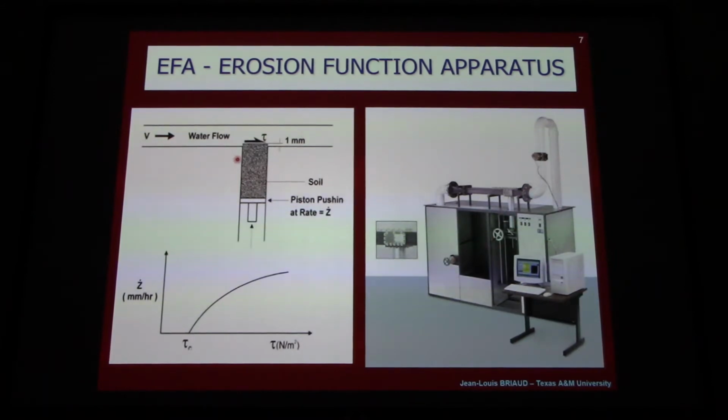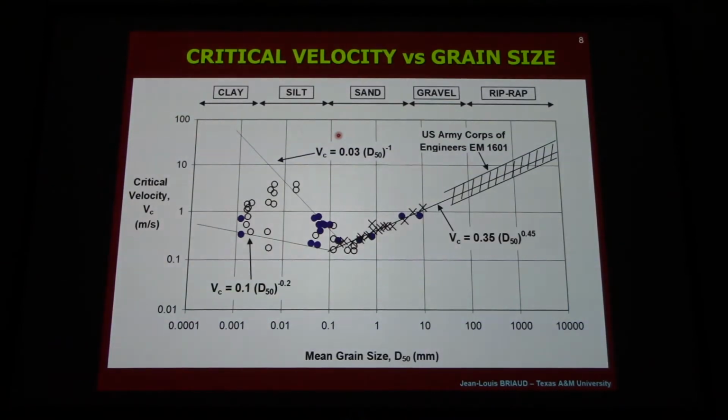You can see in the schematic the soil in here, the water flowing in the tube, and the piston pushing the soil only as fast as it is being eroded by the water that flows over it. This allows us to make measurements of how erodible soils are.